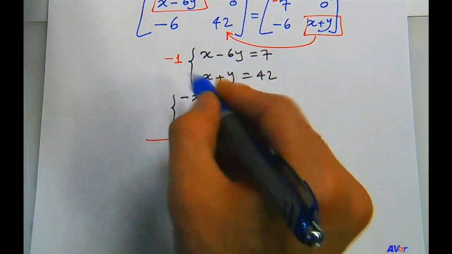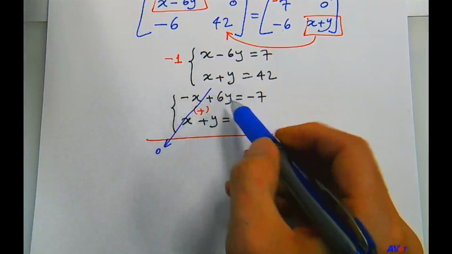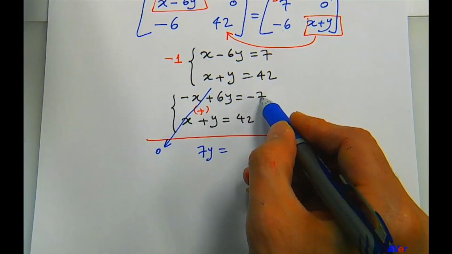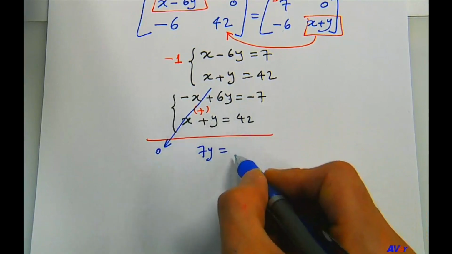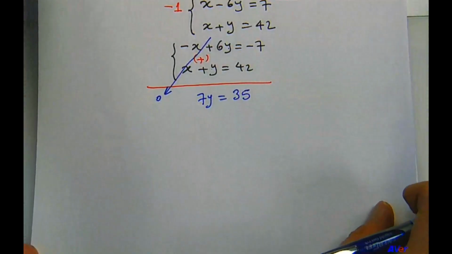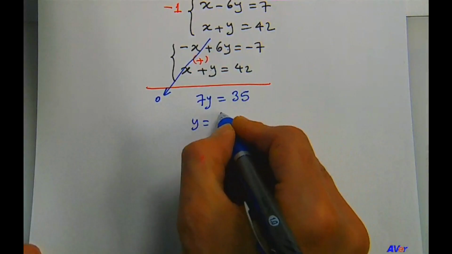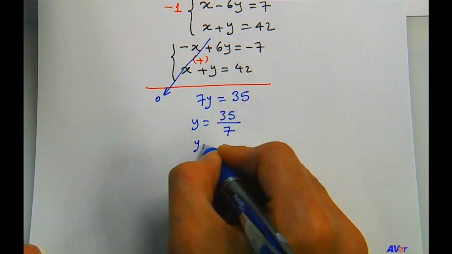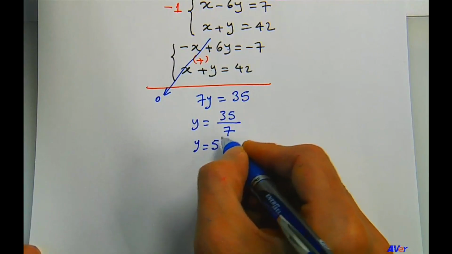The x terms drop out, right? 6y plus y, that's 7y, equals minus 7 plus 42, that's positive 35. So y is equal to 35 over 7, and y equals 5, right?